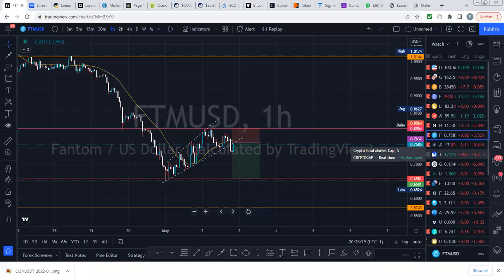Fibonacci is a tool developed by Leonardo Fibonacci. It's a mathematical tool anyway, that is very, very important in the trading world.